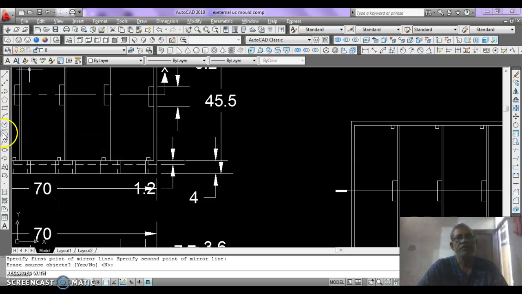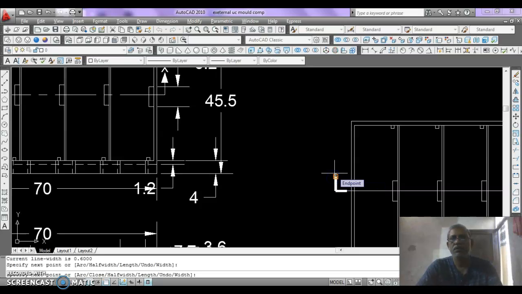Now just draw a polyline here showing an arrow upward, and the starting arrow distance should be 1.8, 3 times of the thickness.